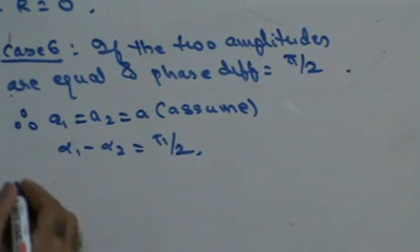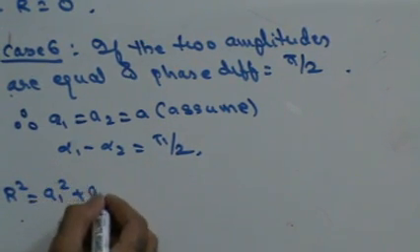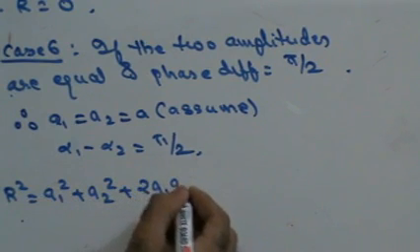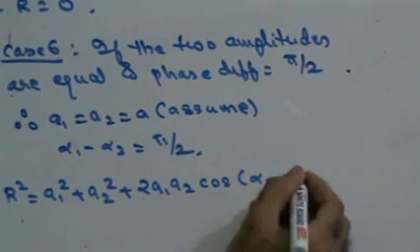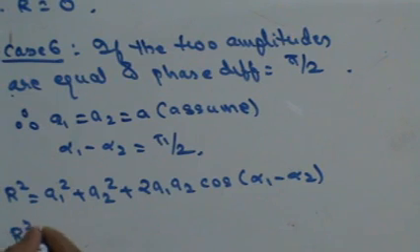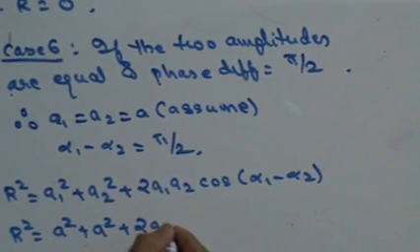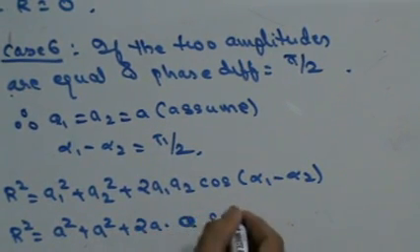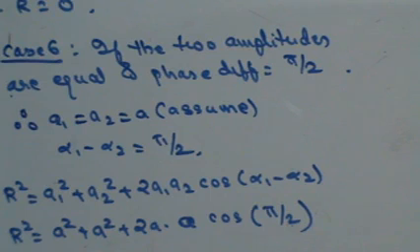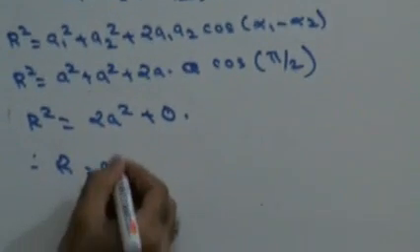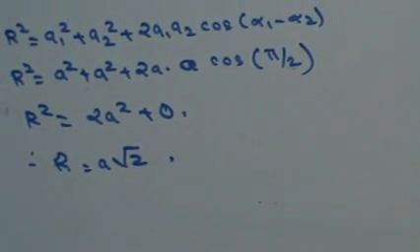R square is equal to A1 square plus A2 square plus twice A1 A2 cos of alpha 1 minus alpha 2. So R square is equal to 2A square plus twice A square cos of pi by 2. Cos 90 is 0. So R square is 2A square plus 0. Therefore R is A root 2. Then the resultant amplitude will be nothing but A root 2. Fine, do we get this thing clear?